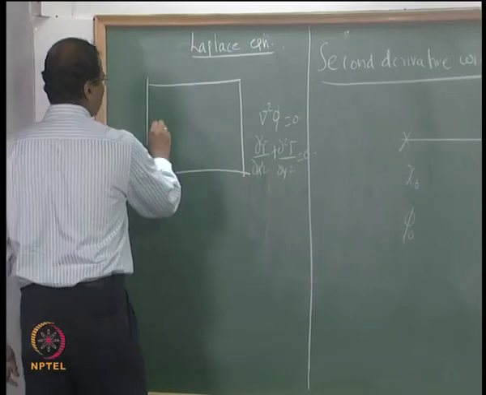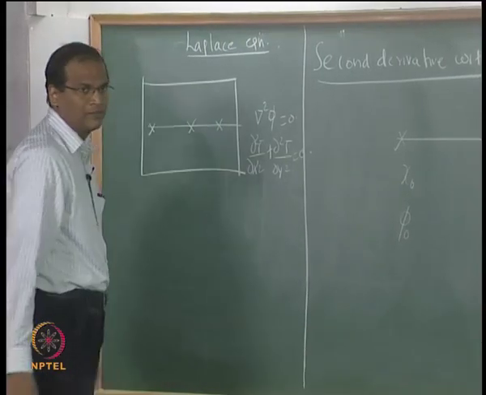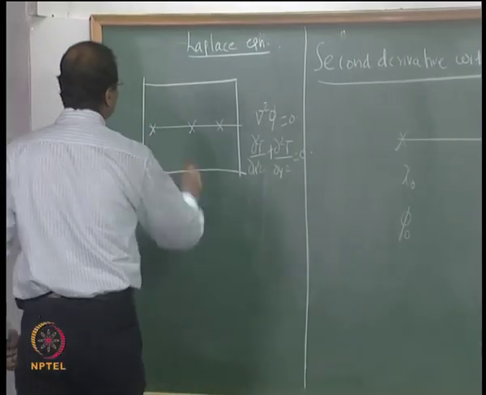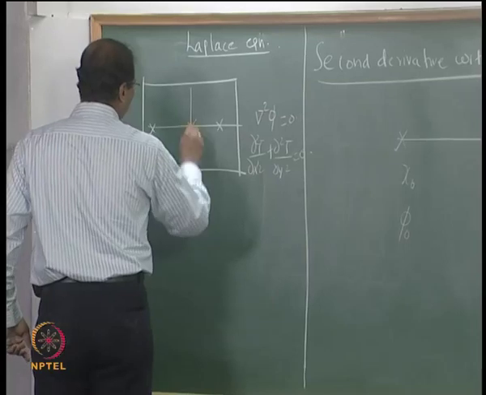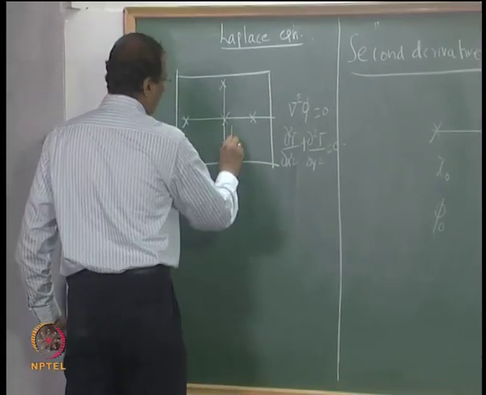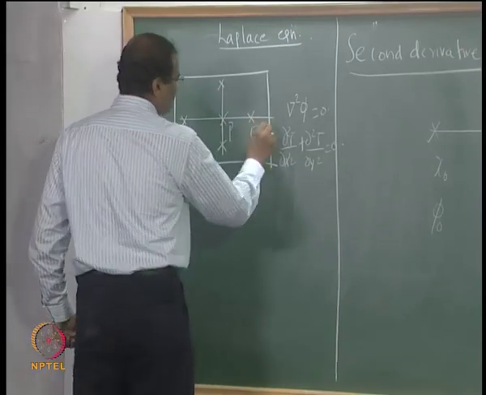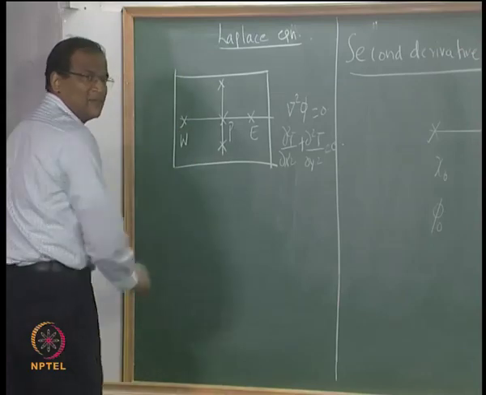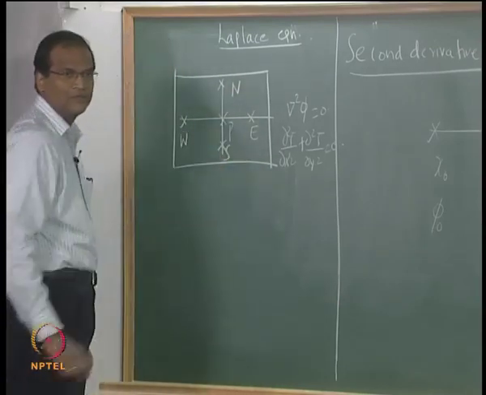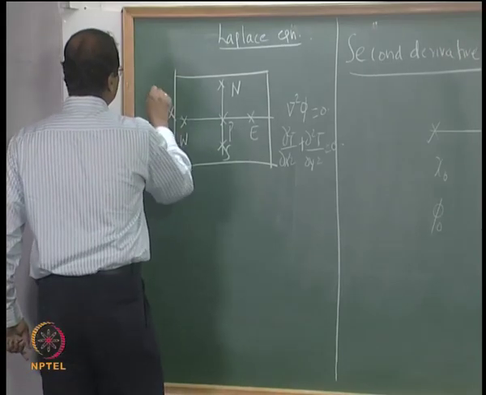Okay, let us consider this. I consider this as point P, this as east, this as west, this as north, this as south. This is x and this is y.